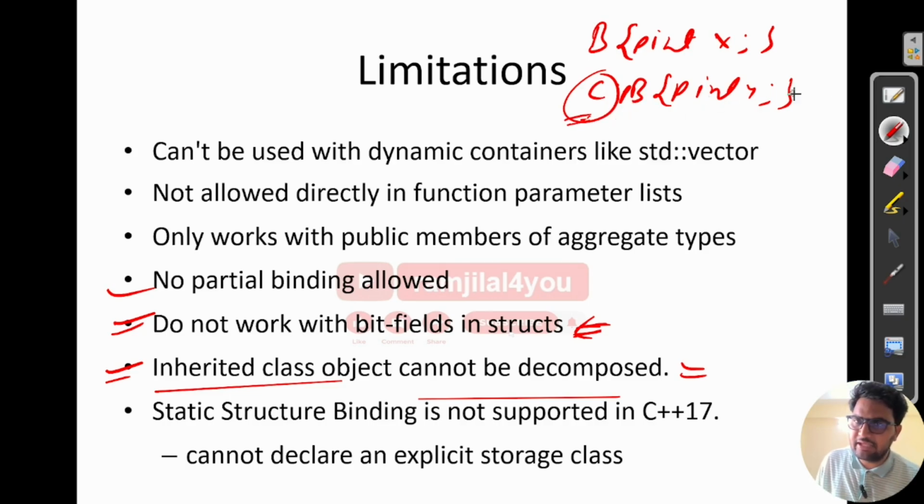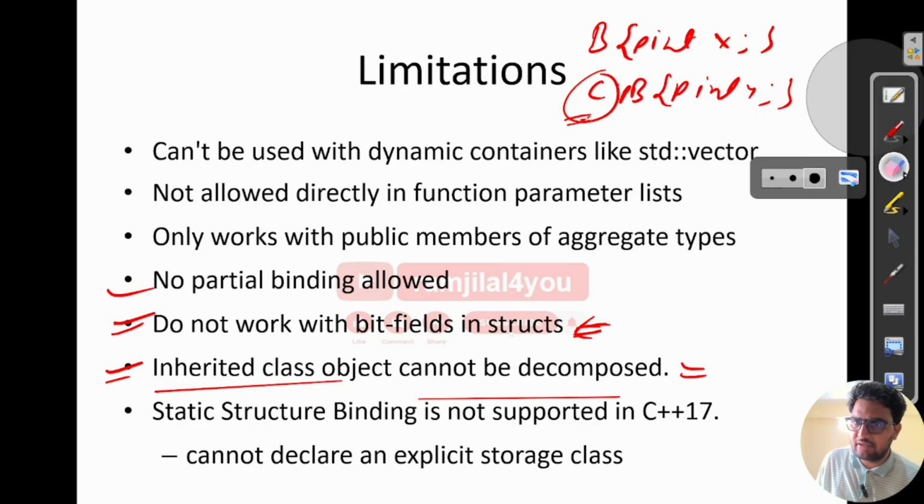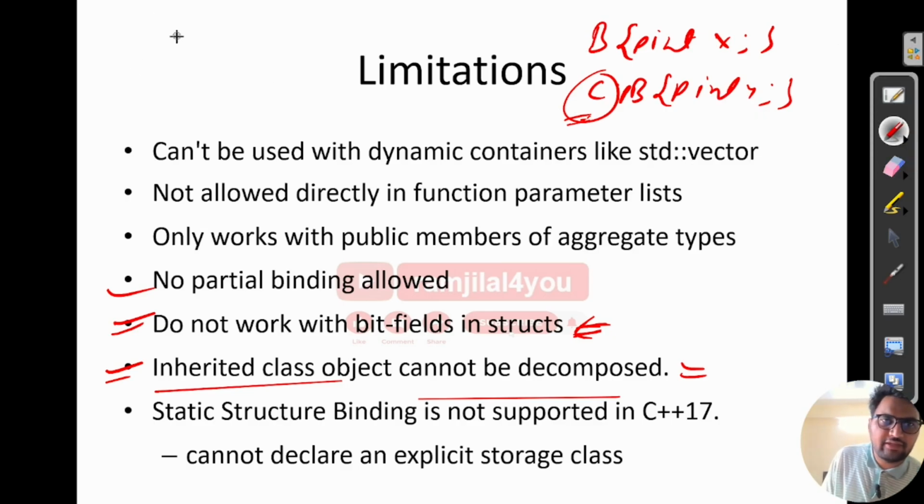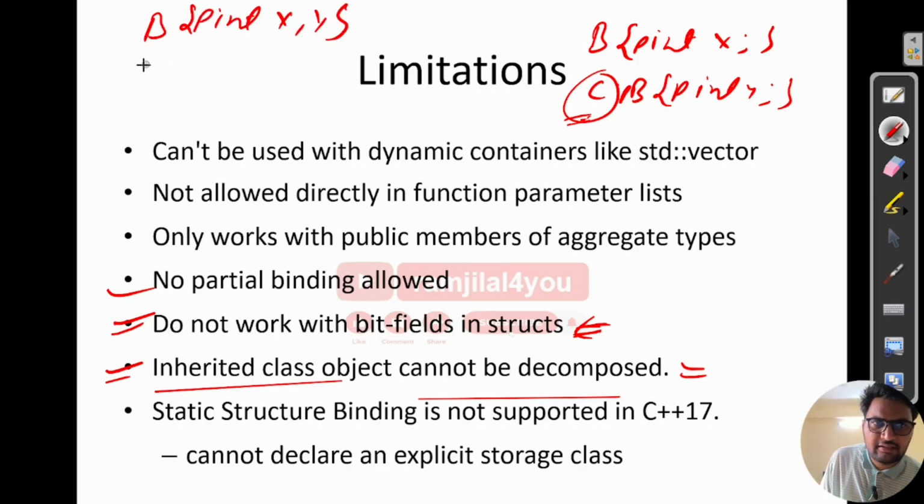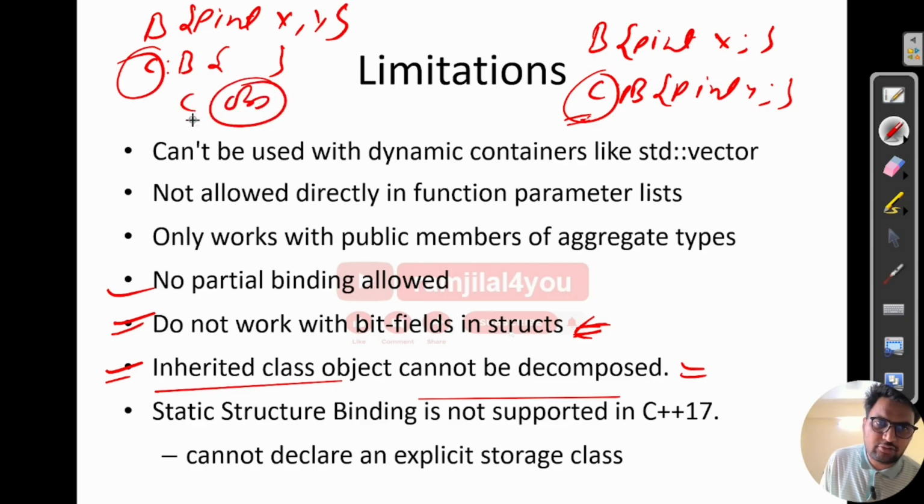But what if we have only B with integers x and y public, and a child class of B with nothing in it? Now we can use structured binding on the object of C, C obj. This obj can be unpacked with structured binding, because there are no members in C. This is one case.